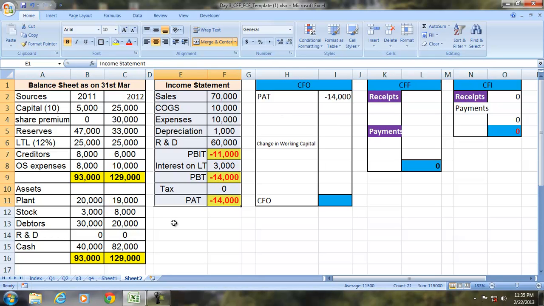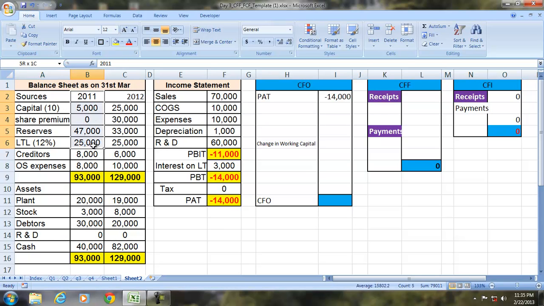because the change in the two items of the balance sheet can be explained by the income statement and cash flow. So by observing the relationship between the items of the balance sheet and income statement, it is possible to find the cash receipts and cash payments for the period.